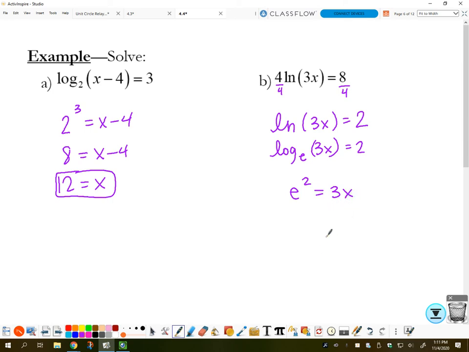Alright, to get x by itself, you divide by 3. So e to the second divided by 3 is equal to x. Alright, so now you can type that in your calculator. So the e button is the ln button. You just do second ln. So e squared, and then divide by 3. And you get that x is 2.463.